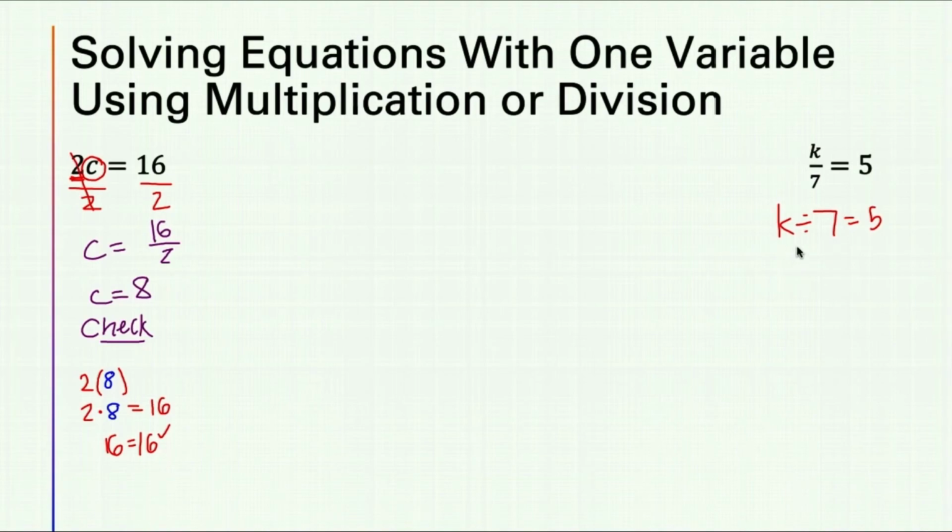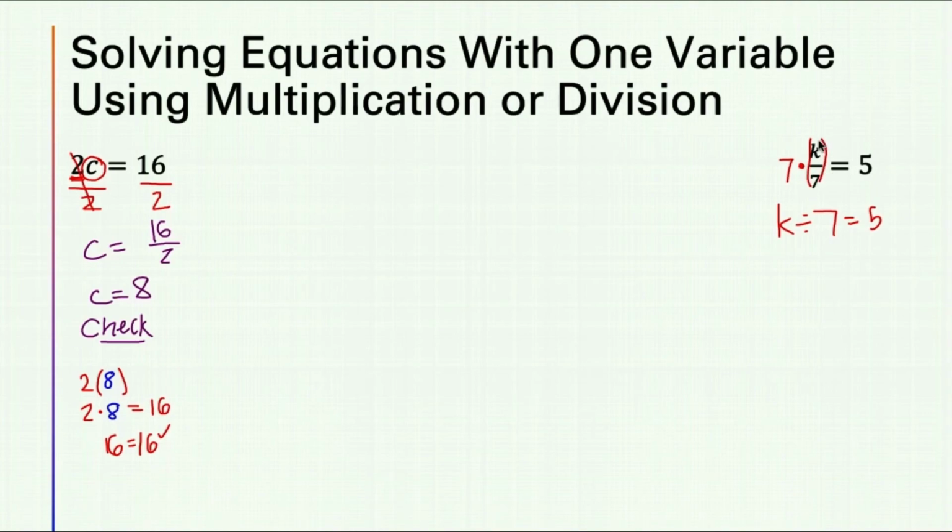And so we have k divided by 7 is equal to 5, and I'll just use this one here. If something is dividing, then we multiply by that constant. So we need to multiply this whole side. Forgive my parentheses, I was a little bit squished.